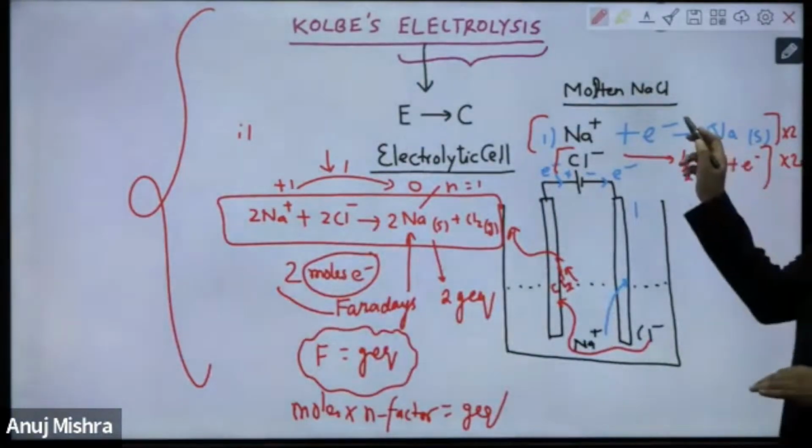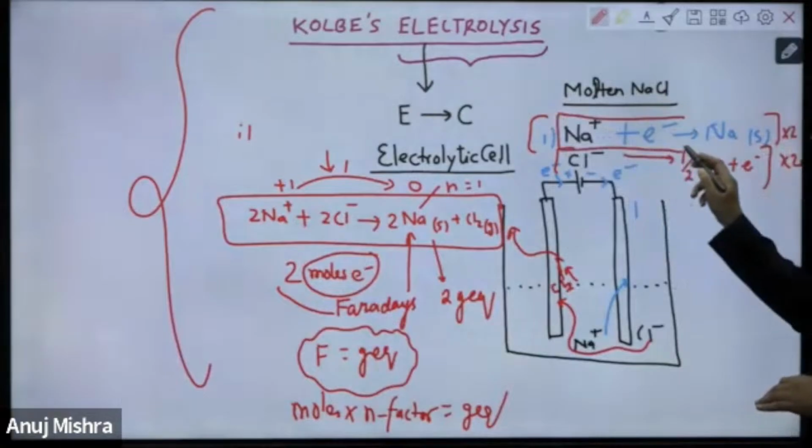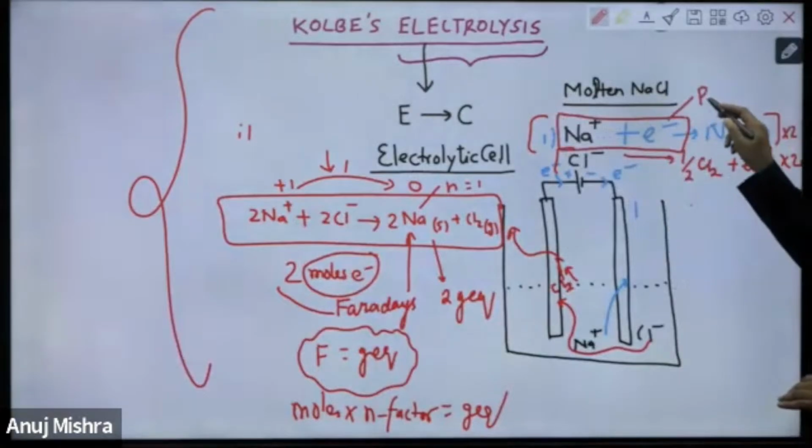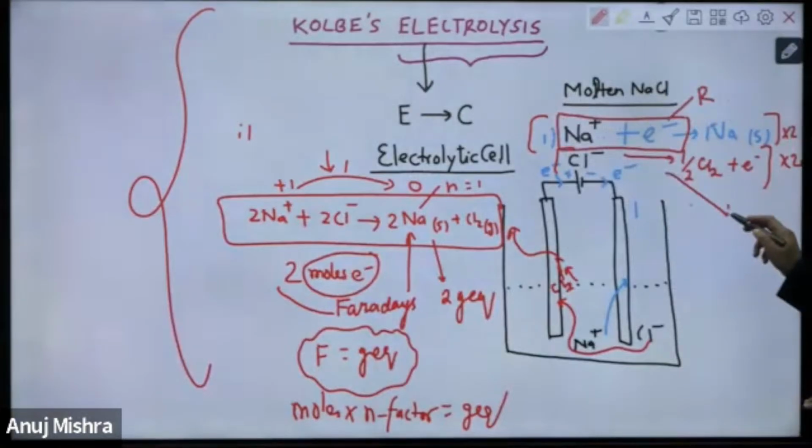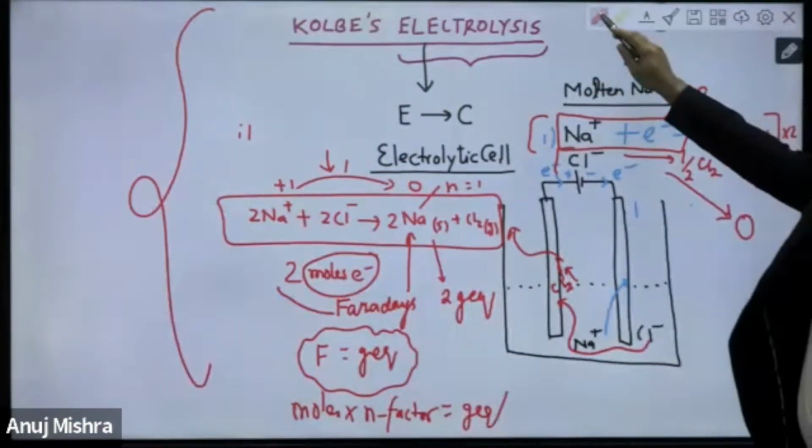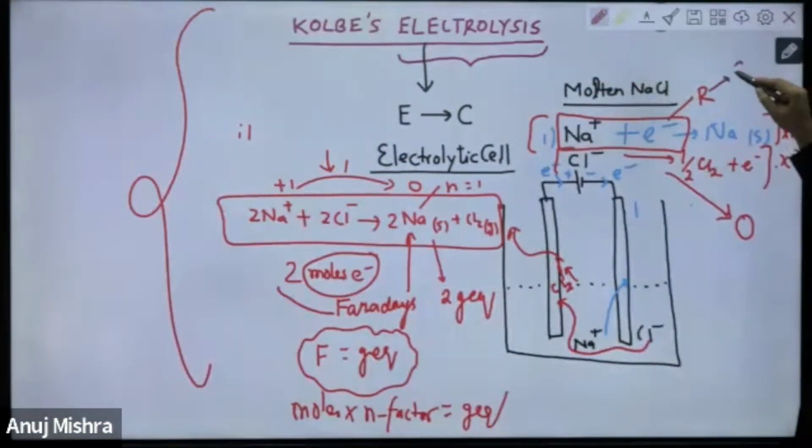The first one, it's a reduction. So right now, this is reduction. And the second one is oxidation. And please note down, every time reduction happens at cathode and oxidation always happens at anode. Always. This is the truth for all the cells that exist in nature.